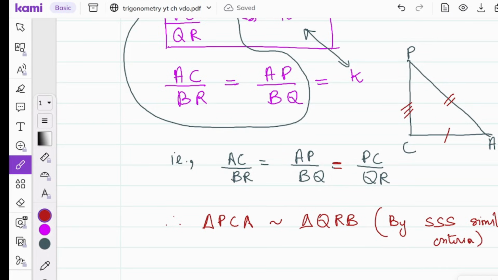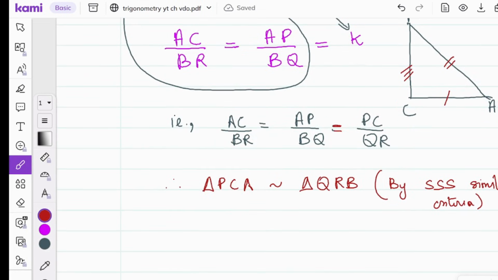Right? So now I am able to show these two triangles are similar. If two triangles are similar, their corresponding angles become equal. Therefore, I can write angle A equal to angle B, by the reason that similar triangles are equiangular.